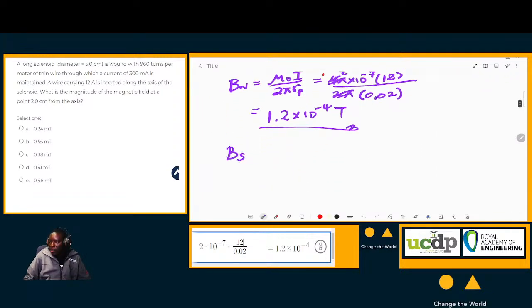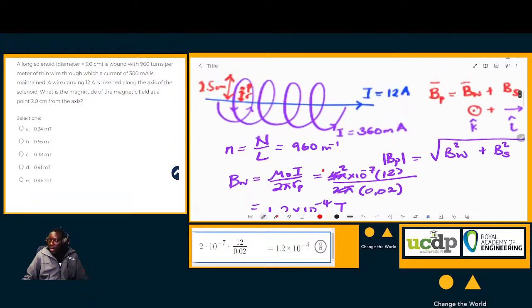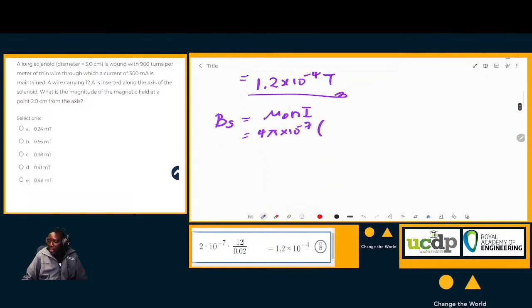And B due to the solenoid is mu naught times N times I, where N is the number per unit length. So this is 4 pi times 10 to the negative 7 multiplied by N, which we said is 960 per meter, and I is 360 milli, 360 times 10 to the negative 3.